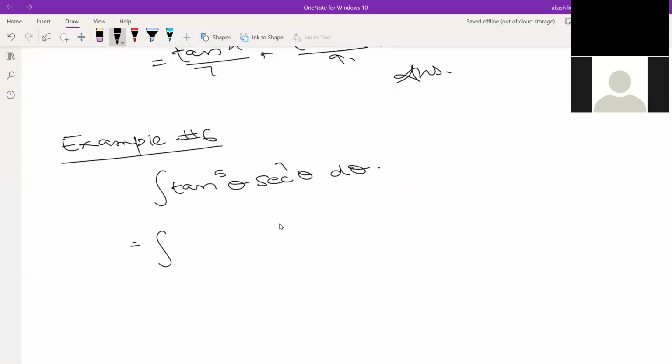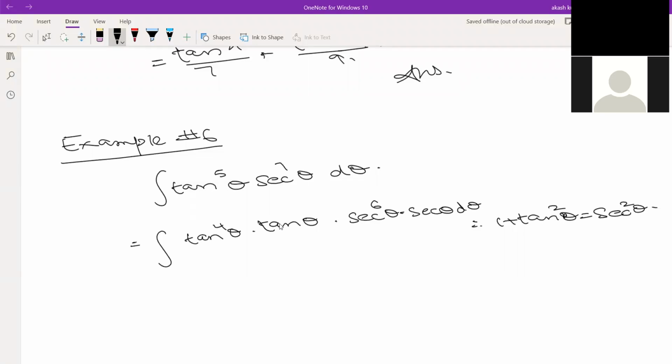If I know that 1 plus tan square theta is equal to sec square theta, I can write my answer in this form: tan 4 theta, tan theta, sec 6 theta, sec theta d theta.